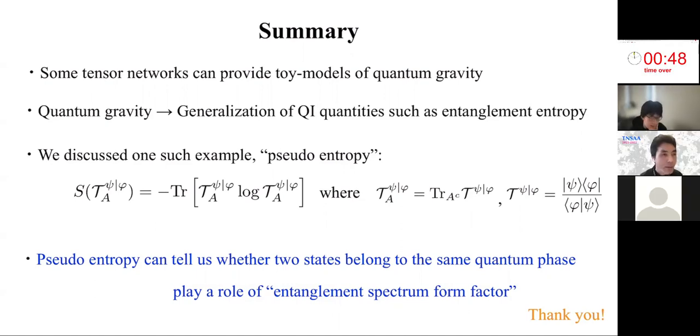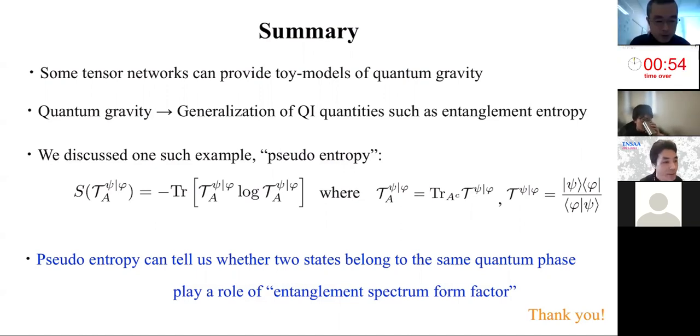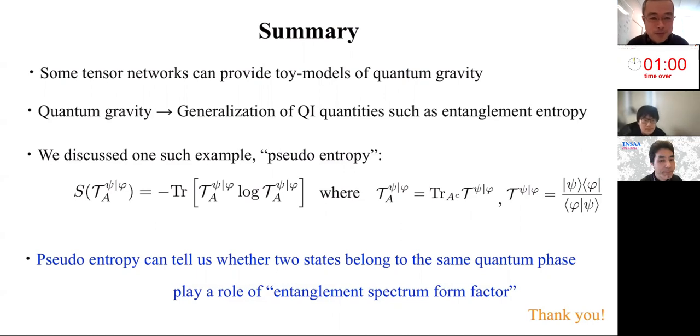Okay, Okunishi-san, do you have a question? Yes, I want to ask about the modular Hamiltonian defined for the pseudo entropy. For the usual entanglement Hamiltonian, it defines some time evolution on the space-time where the roles of time and space directions are swapped.